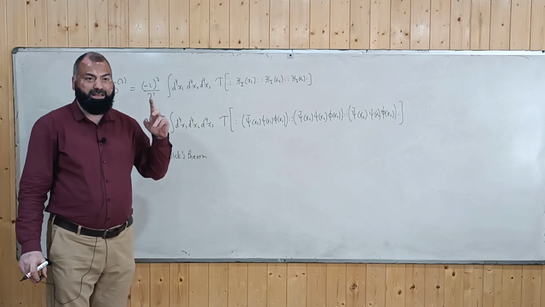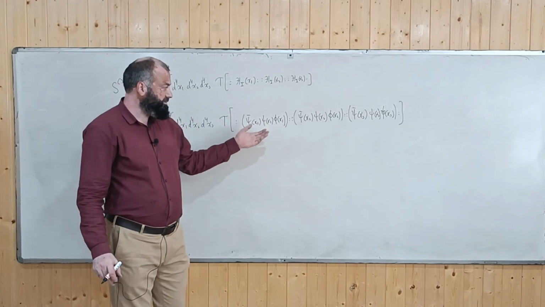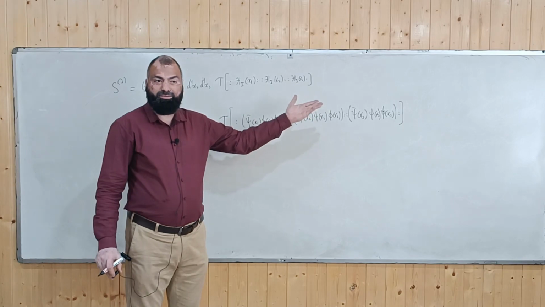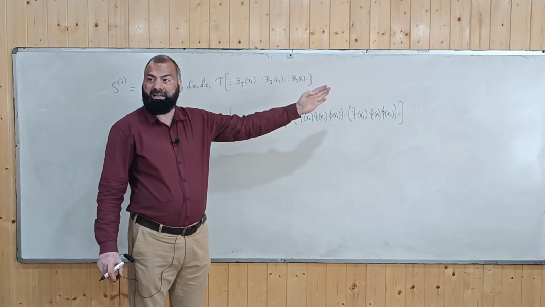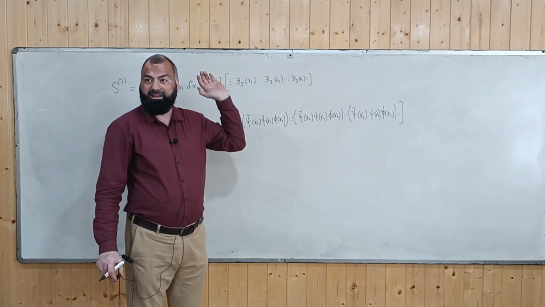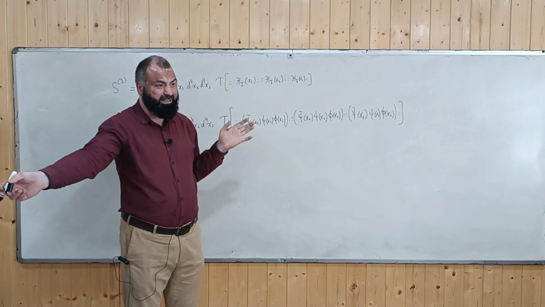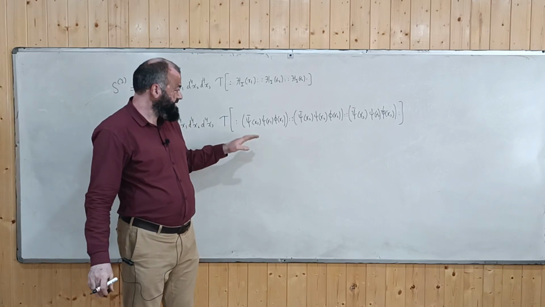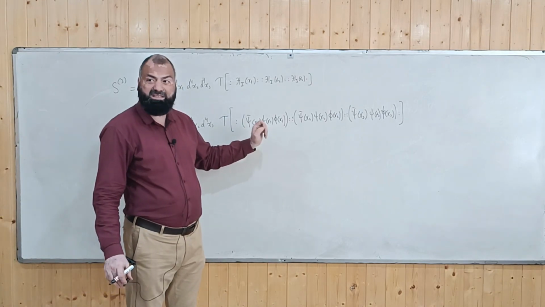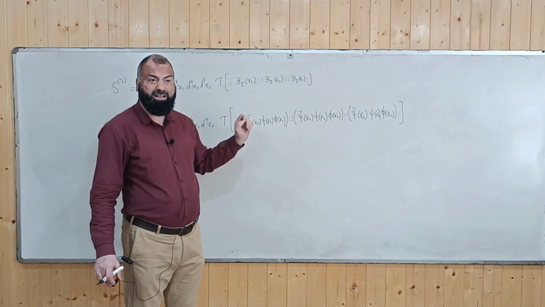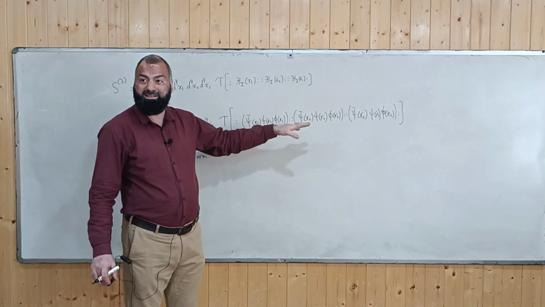Clear? Now look here. If I take the normal order, the first term will be normal ordered, in which on the extreme right there is annihilation, and on the extreme left there is creation. That will not contribute because annihilation will annihilate the vacuum. Clear? And now let's take the other terms which contain only single contractions. When you take the terms which contain single contraction, how many fields are remaining?